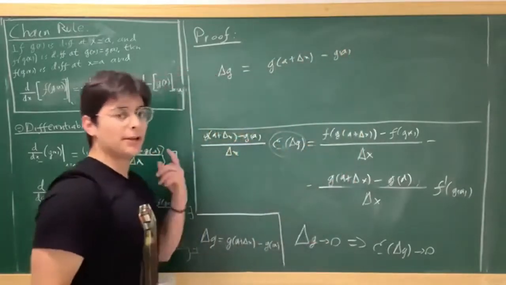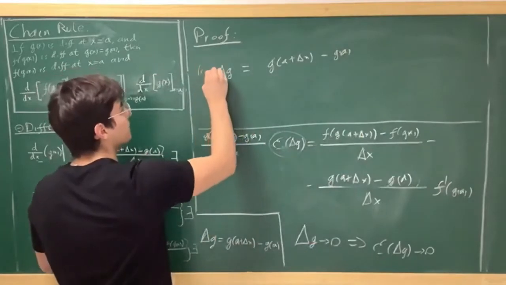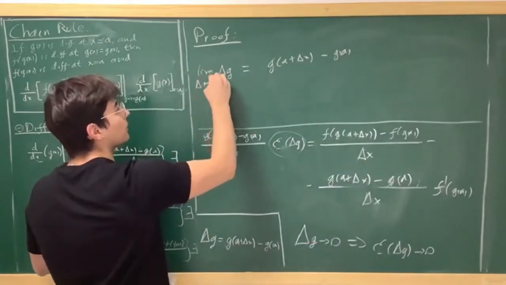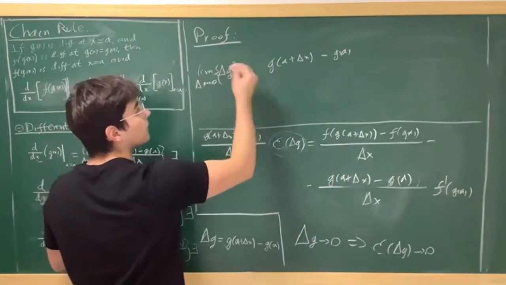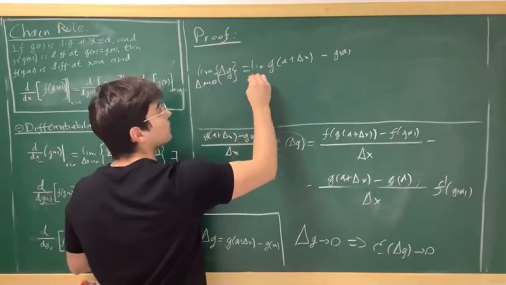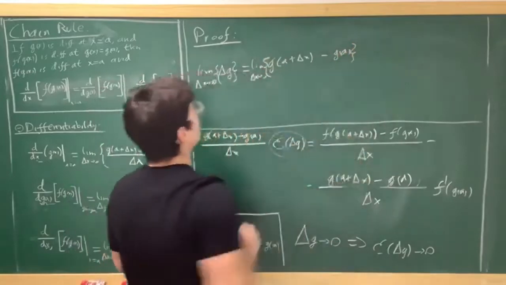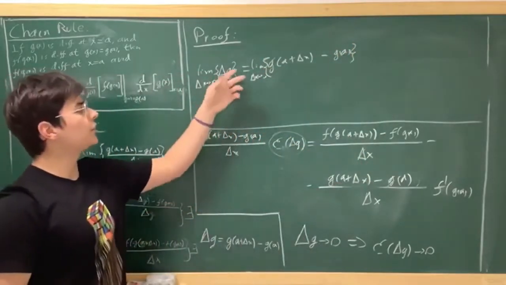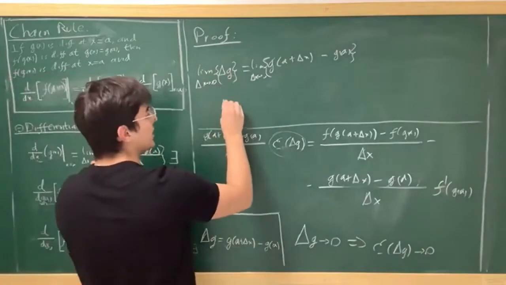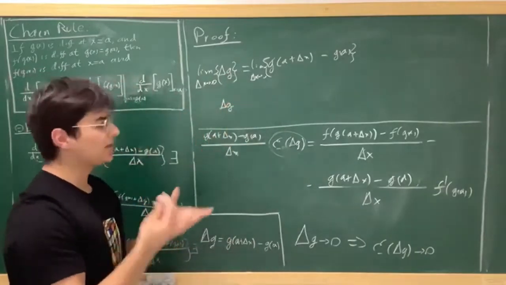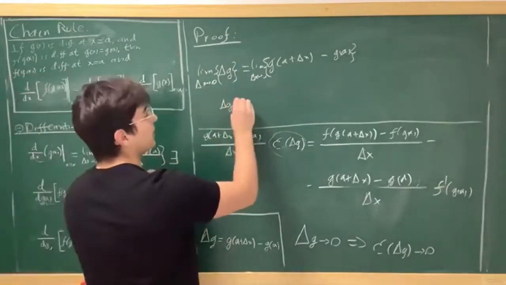Now if we take the limit on both sides, we get that, well, this goes to 0, this just stays the same, because there's no actual increment in g there, increment in x, sorry.